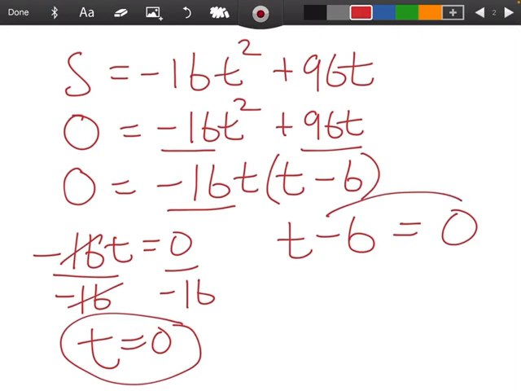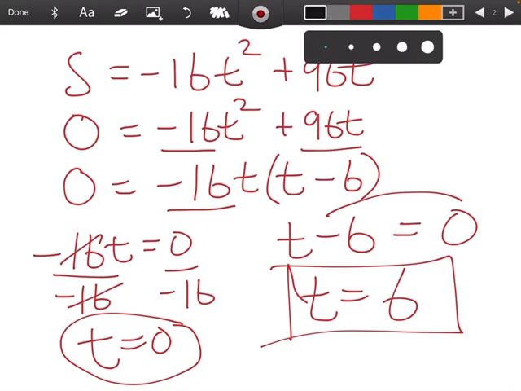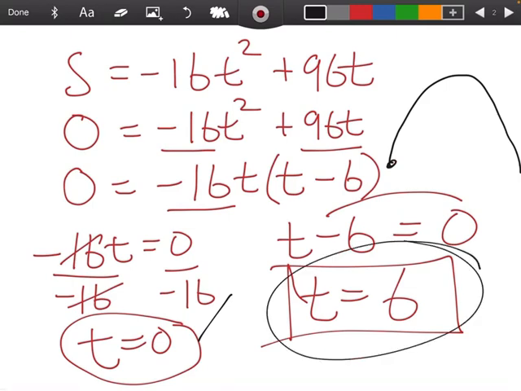When we move that 6 over, we get t equals 6. And those are my answers for part B. So when is it going to reach the ground? Well, think about it this way. It started off on the ground, but remember, that thing is going up and it's coming back down. So this is when it starts off, at 0. When does it hit 0 again? At 6 seconds.